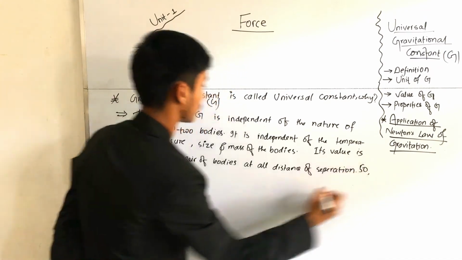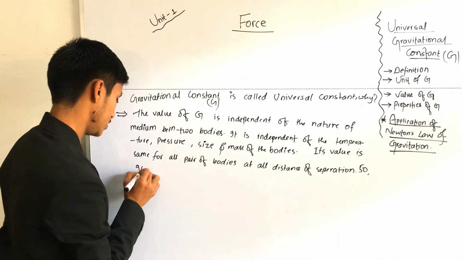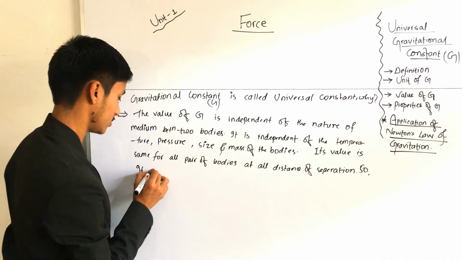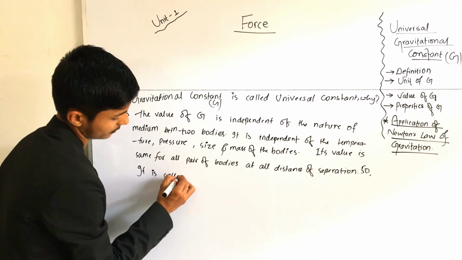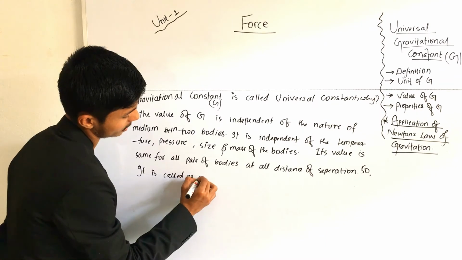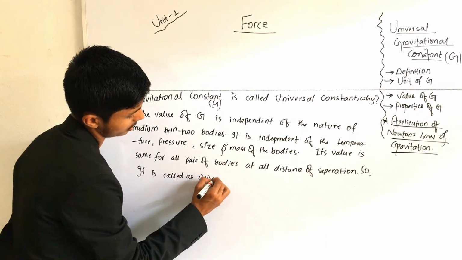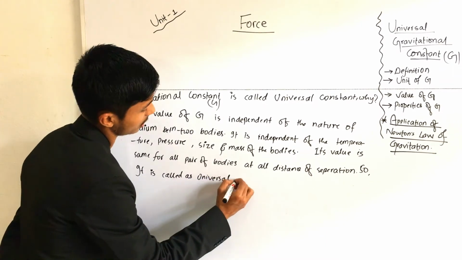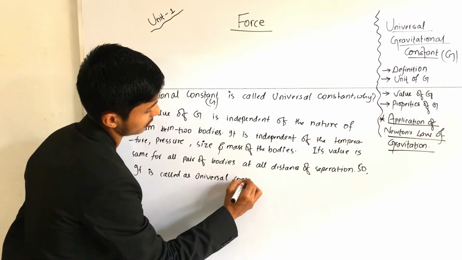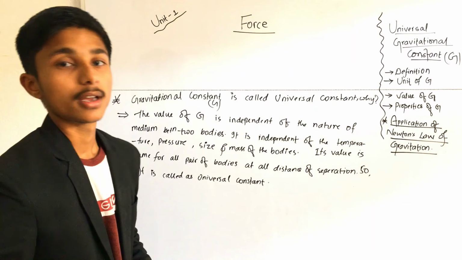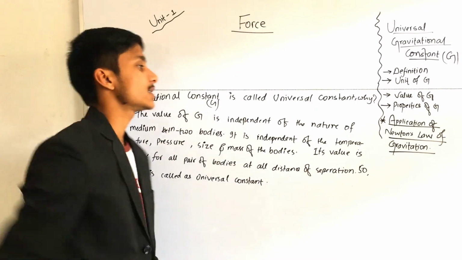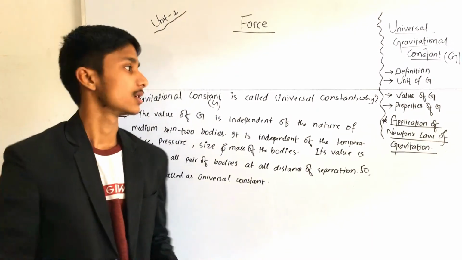So it is called as universal constant. Here, gravitational constant is called universal constant.